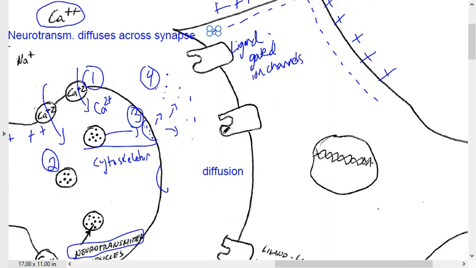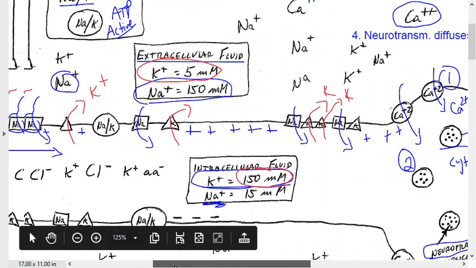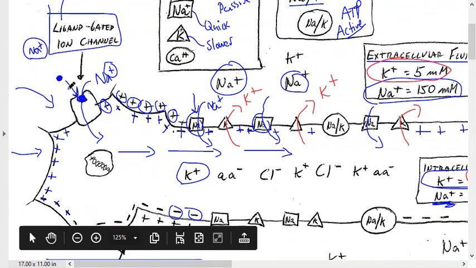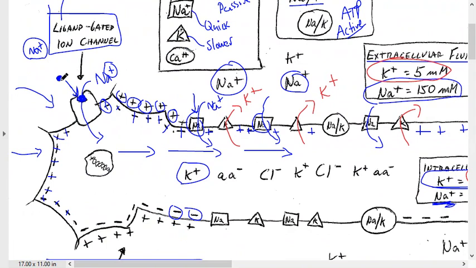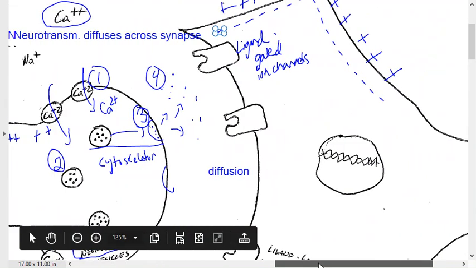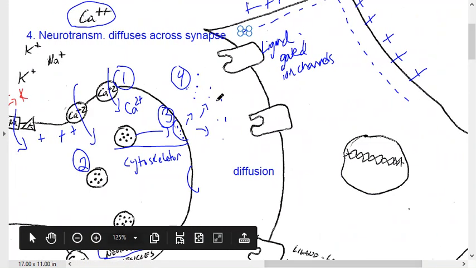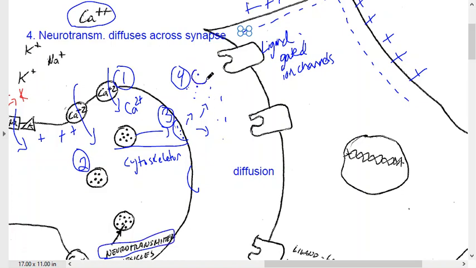Ligand-gated ion channels. And if this looks familiar, it's because these are the exact same ligand-gated ion channels that we started with. And here's where the ligand comes from. The neurotransmitter that was released from the presynaptic portion of the membrane when the vesicle fused and then diffused throughout the synapse, that's the ligand that then binds to the ligand-gated ion channel in the adjacent neuron, right?